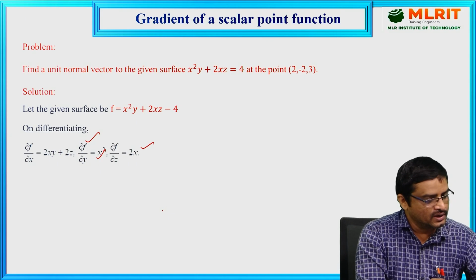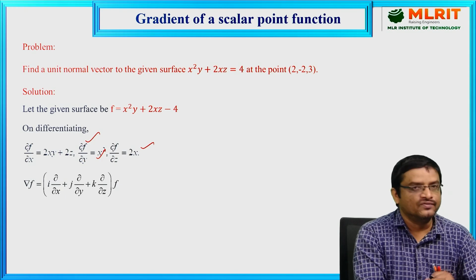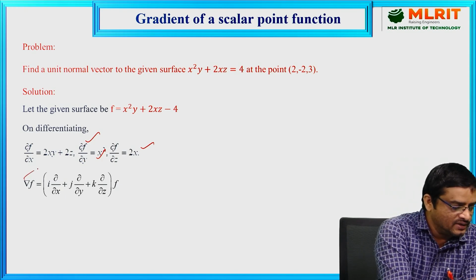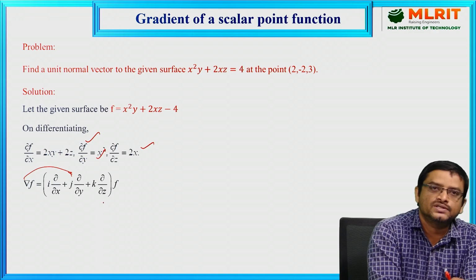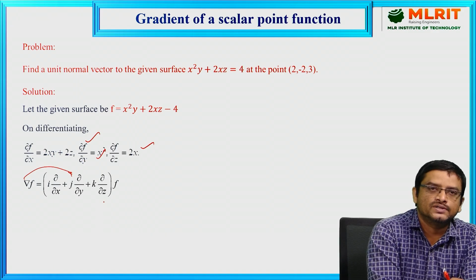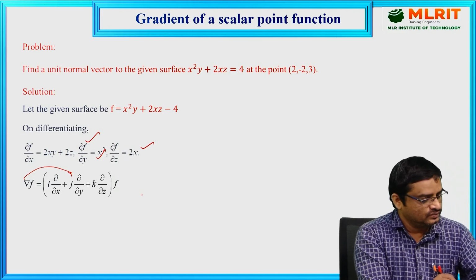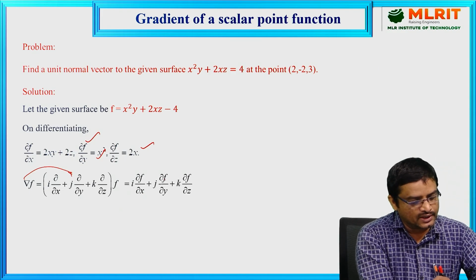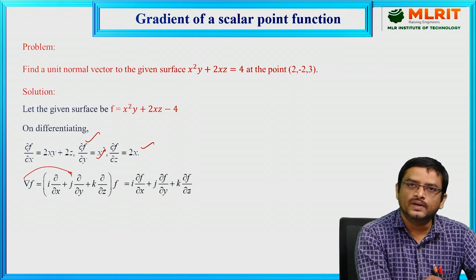So now we are ready to go for this del f value. Already we have seen del is a differential operator which is represented as i bar dou by dou x plus j bar dou by dou y plus k bar dou by dou z into f. Send this f inside, it becomes i bar dou f by dou x plus j bar dou f by dou y plus k bar dou f by dou z.